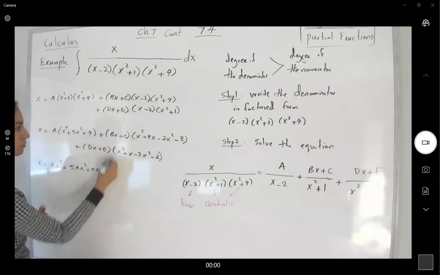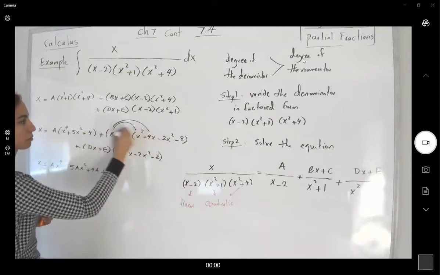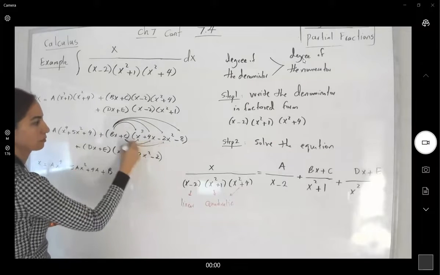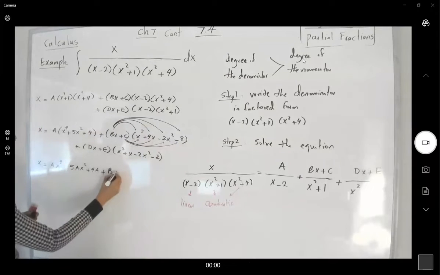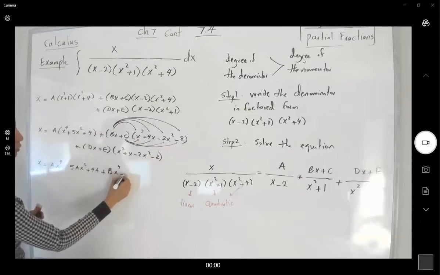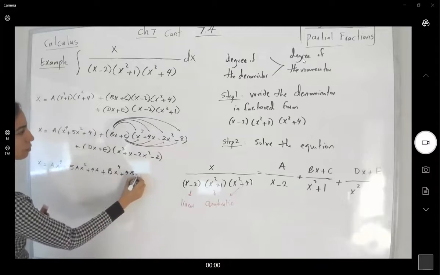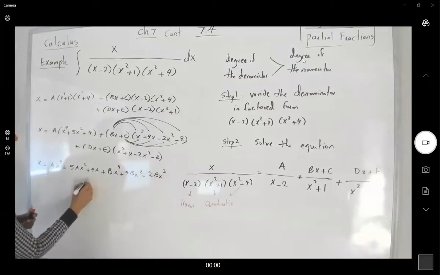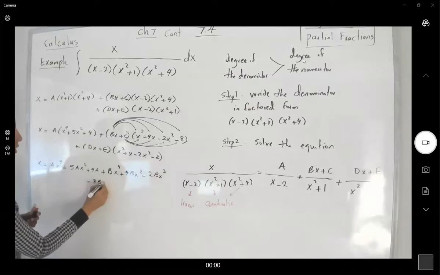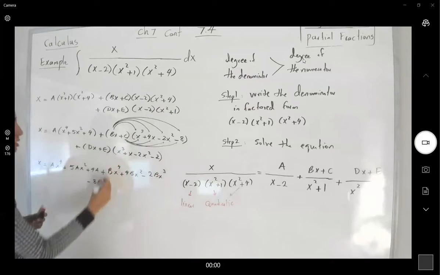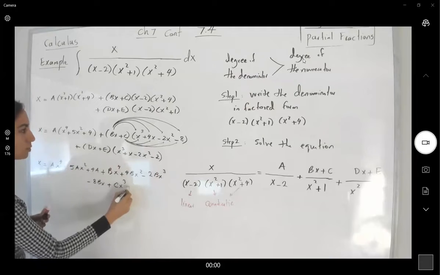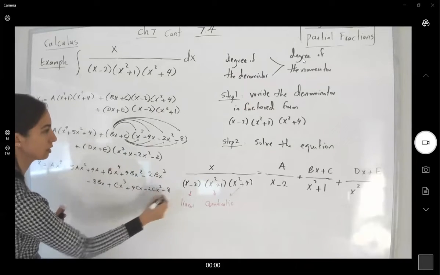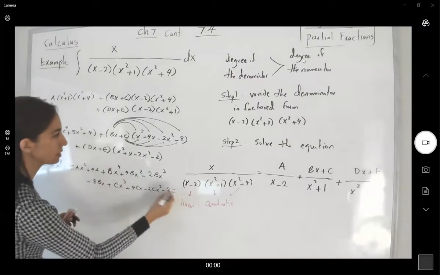bx, distributing this here. Then you need to distribute c as well. So bx to the 4th plus 4bx squared minus 2bx cubed minus 8bx. Now we distribute c, cx cubed, 4cx minus 2cx squared minus 8c.